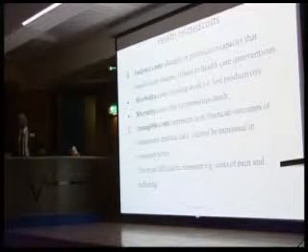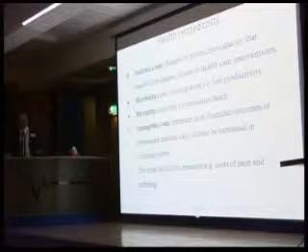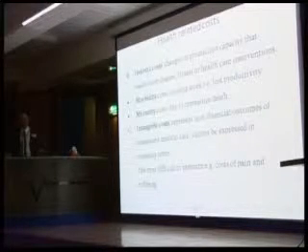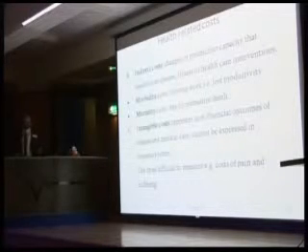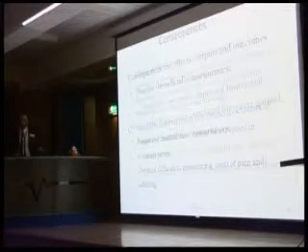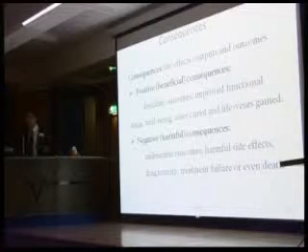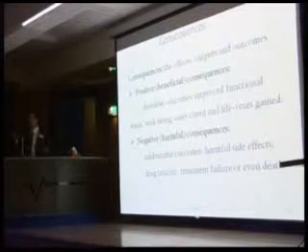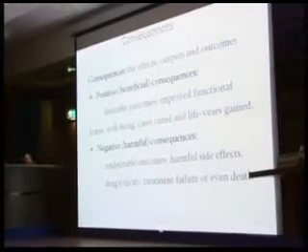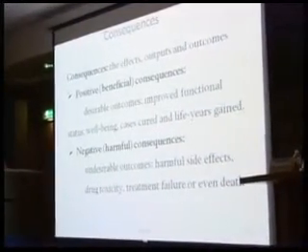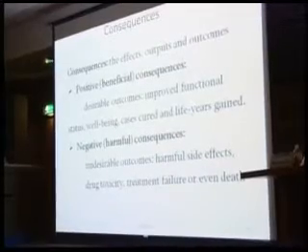Intangible costs, again, this is the most difficult. It is the cost of pain and suffering, and these are the non-financial outcomes of disease or medical care. The other part of the balance is the consequences. The consequence is the effect or the outcome, and we have two major types: the positive or beneficial or desirable outcomes.